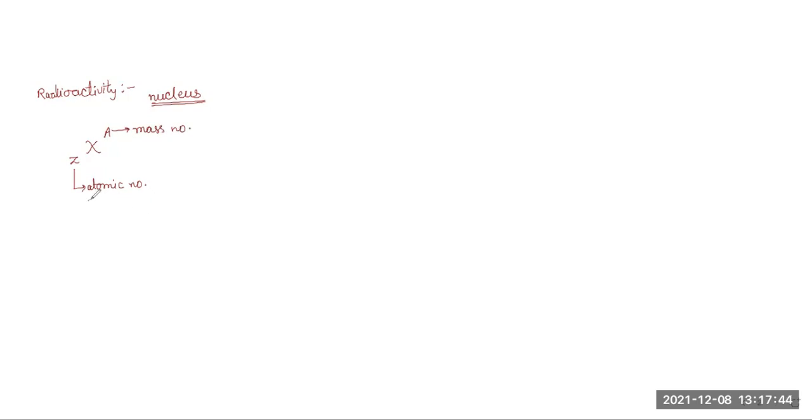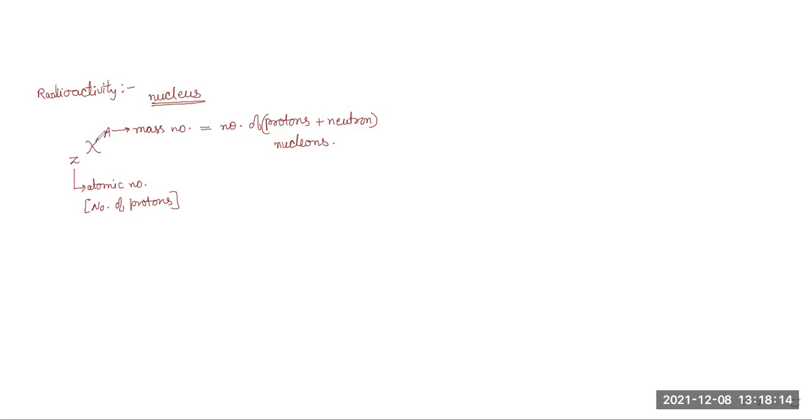The atomic number is simply the number of protons, whereas the mass number is the number of protons plus neutrons. Sometimes we call them nucleons.